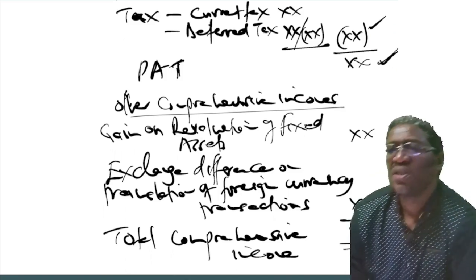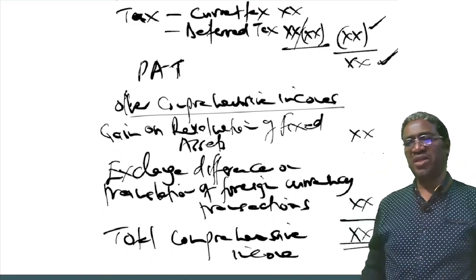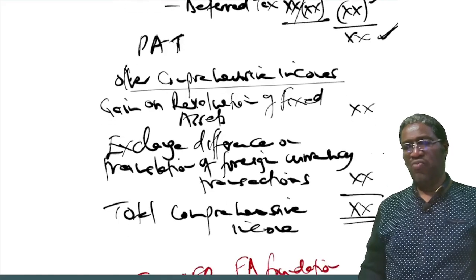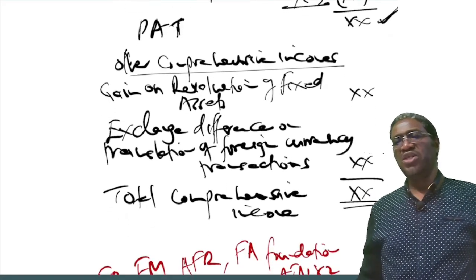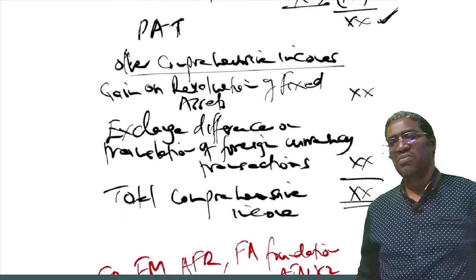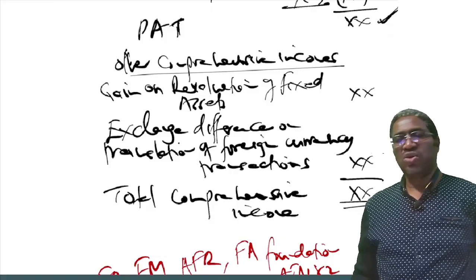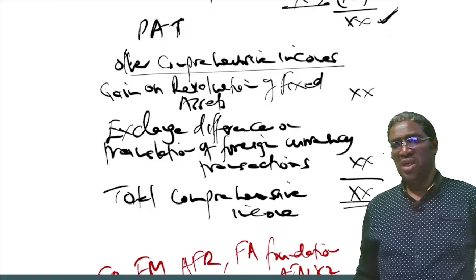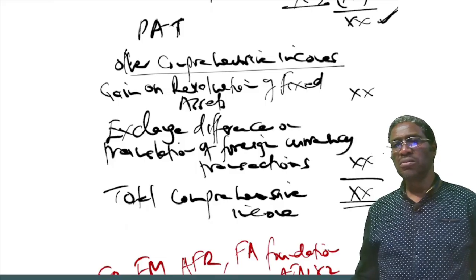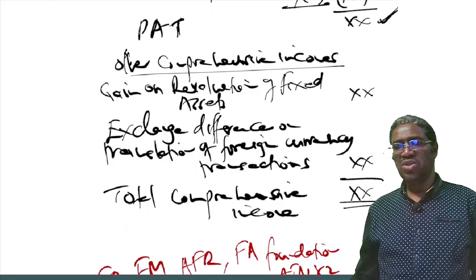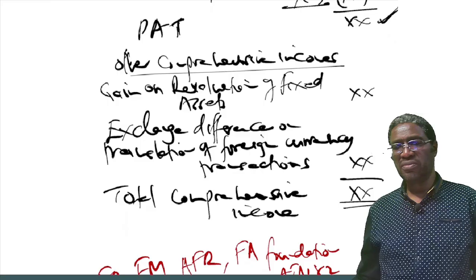Good. I think now we are okay. Then you get the total of all that and you call it total comprehensive income.